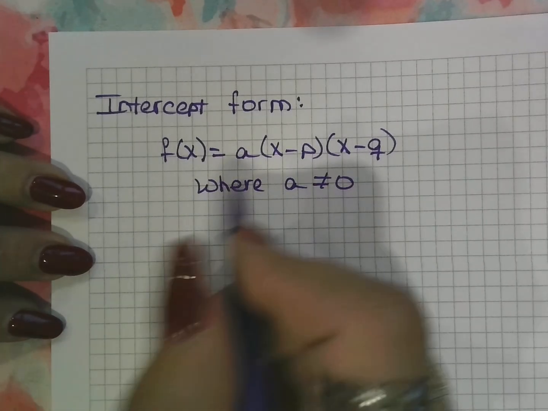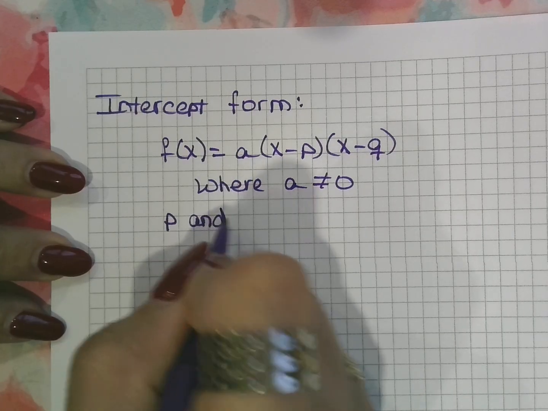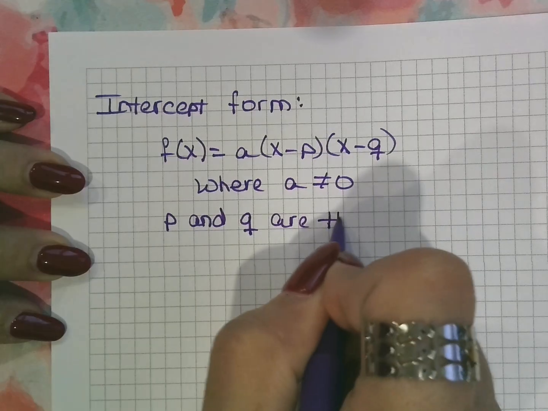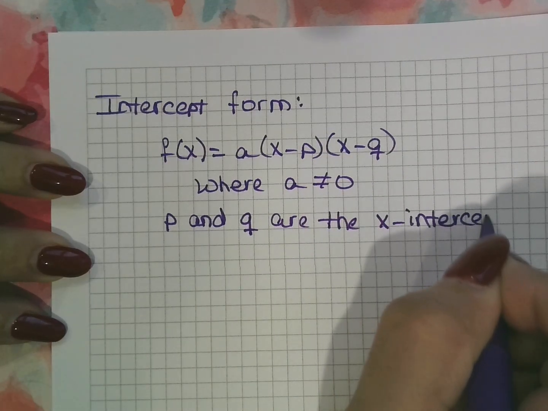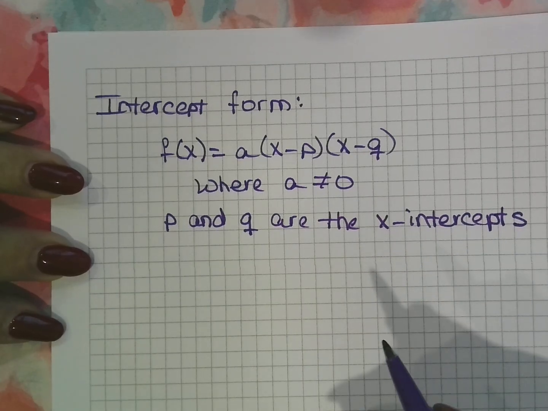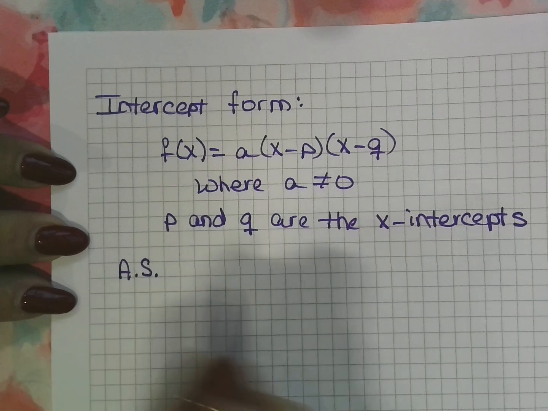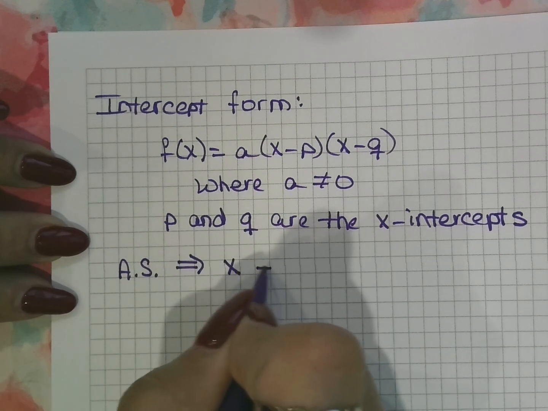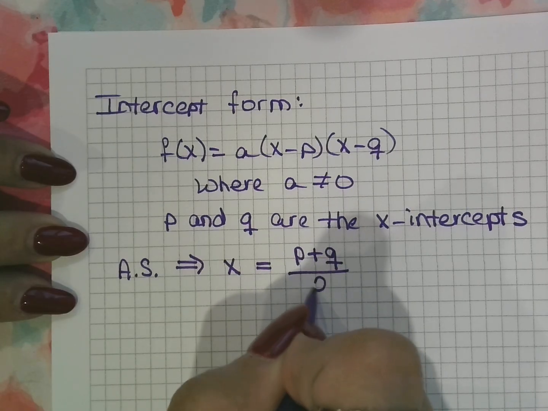And p and q are the x-intercepts. The very easy way to find the axis of symmetry is the following: x equals p plus q divided by 2.